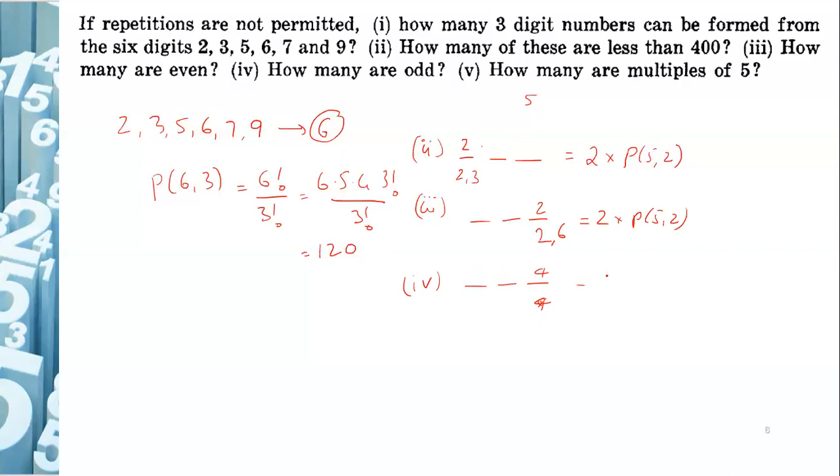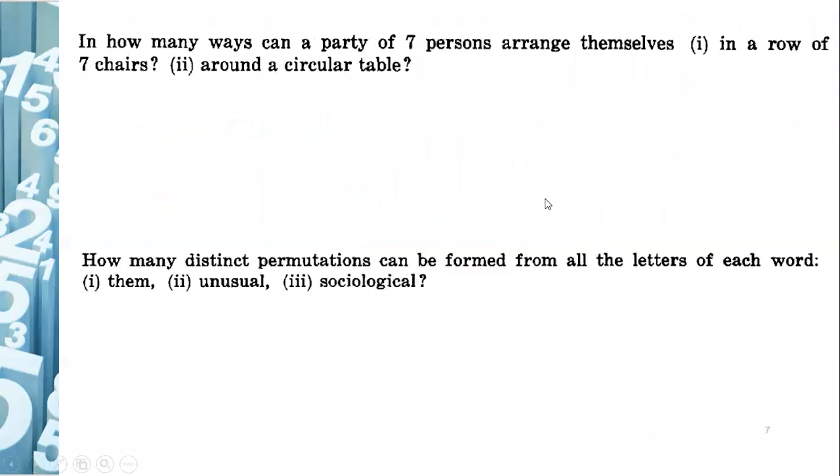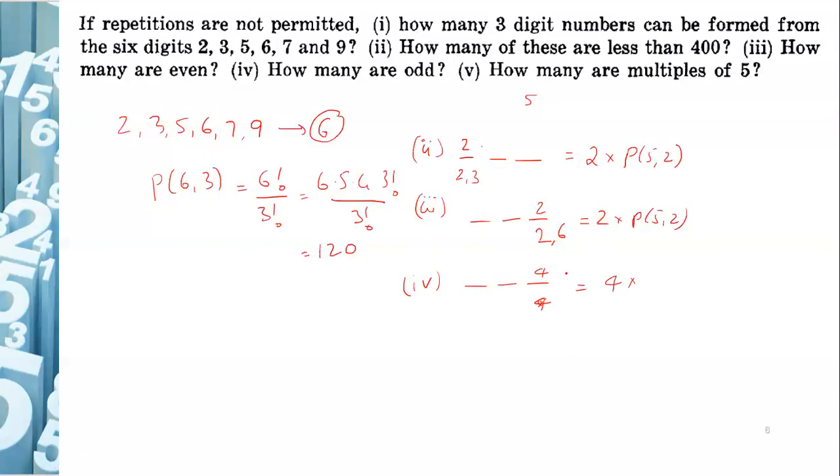So what is going to be there? These 4 ways into the remaining 2 digits, which can be filled from 5. So again, P of 5 comma 2. So one number is filled, and the last one: how many are multiples of 5? Multiples of 5 means the last digit must be either 0 or 5.